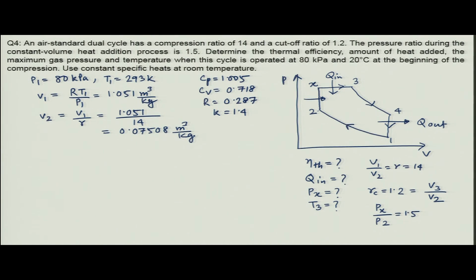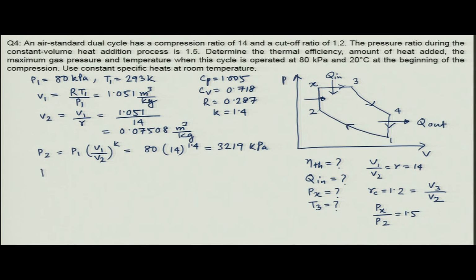Now, pressure at the end of the compression stroke, that we can find, P2. So, P2 should be equal to P1 multiplied by V1 upon V2 to the power of k. So, P1 is 80 kilopascal and V1 upon V2 is r, 14 to the power of 1.4. So, you will find it as 3219 kilopascal.